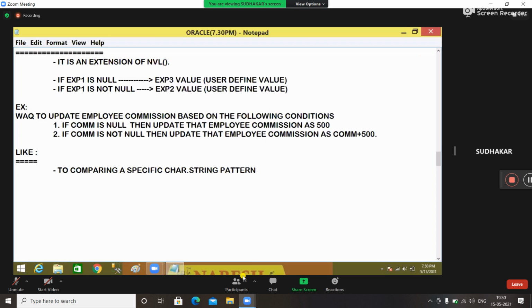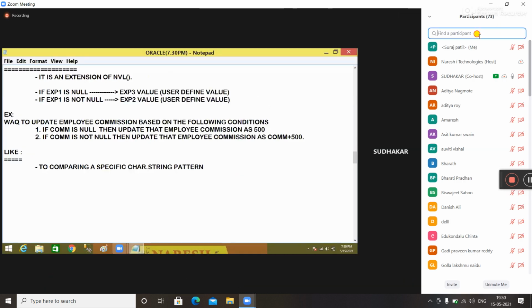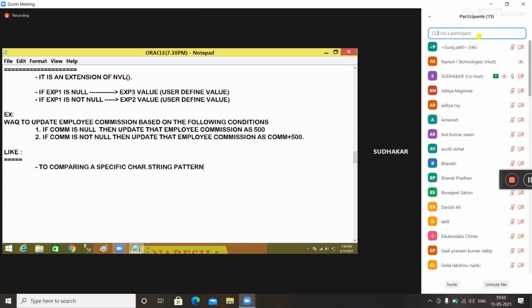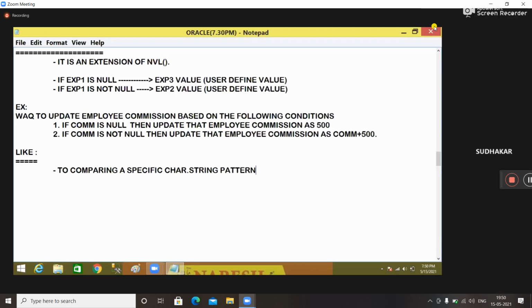We use the LIKE operator to compare a specific character string pattern. So when you want to compare your data pattern-wise, we can use the LIKE operator.